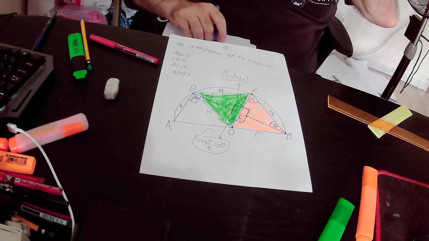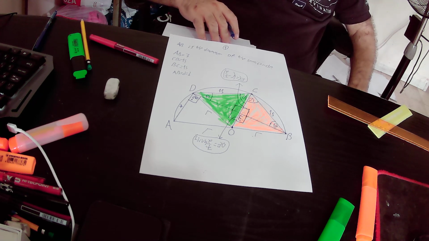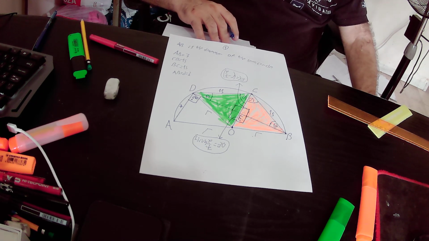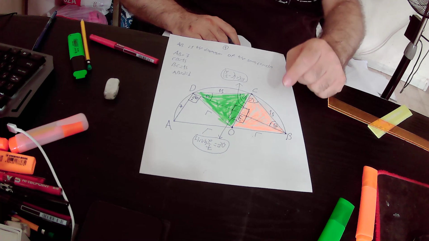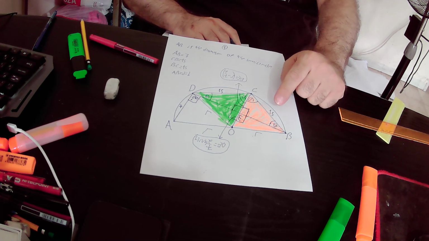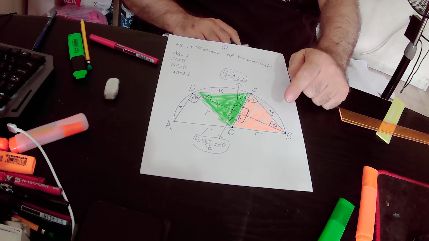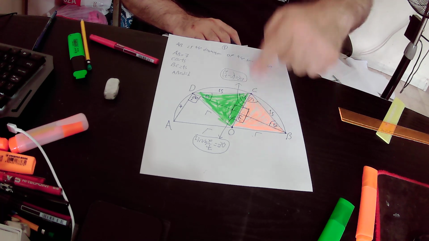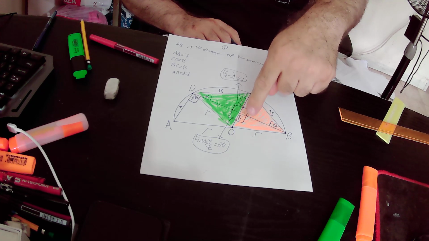So in the next step we will focus on two right triangles. Triangle CEB is a right triangle because angle CEB is a right angle, and triangle OEB is also a right triangle because angle OEB is a right angle.